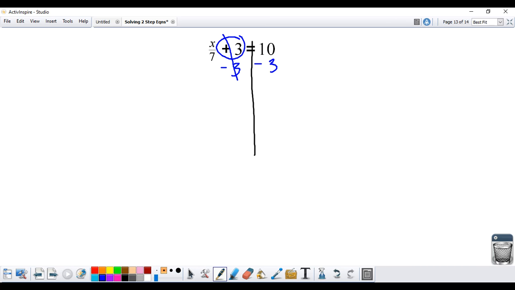On the left, 3 minus 3 is 0, so I have X divided by 7 equals 10 minus 3 is 7. Since this is X divided by 7, I'm going to multiply by 7. And I'm left with X equals 7 times 7 is 49.